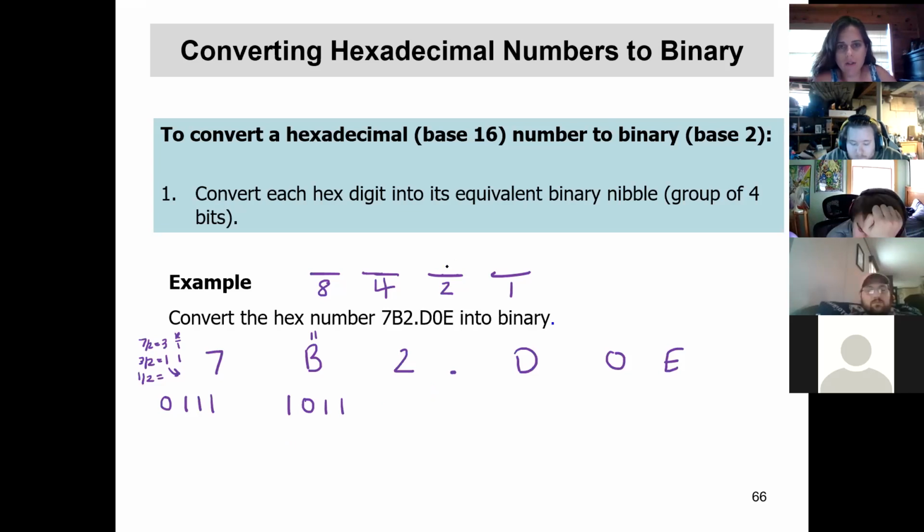You only have it here, so you only need to put a digit 1 here. So this would be 0, 0, 1, and a 0. Then we have our binary point that we're putting in there. It matches up with our hex point.